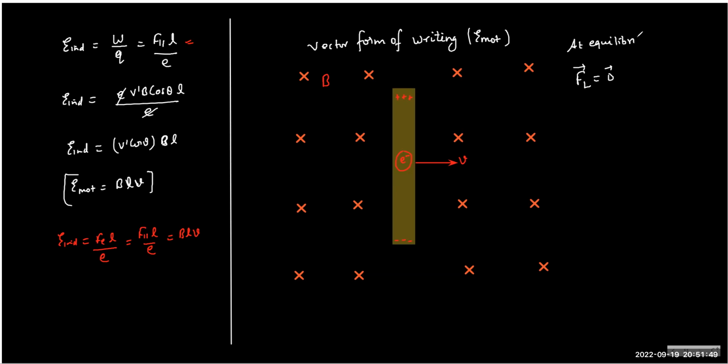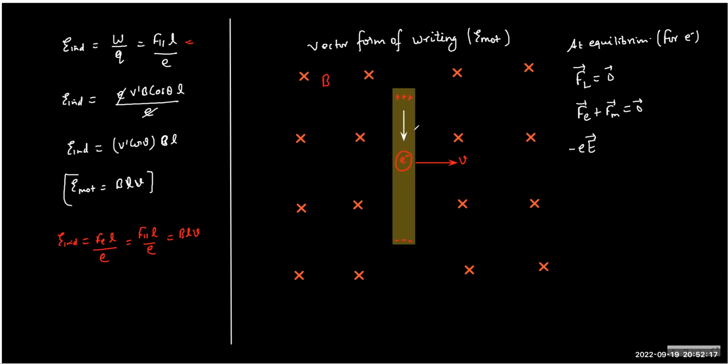Yes. So we are writing for the electron, right? And the Lorentz force is the sum of electric force and magnetic force. And the electric force we can write as minus E into the induced electric field. Of course, the E will be induced only. Correct? Yes.